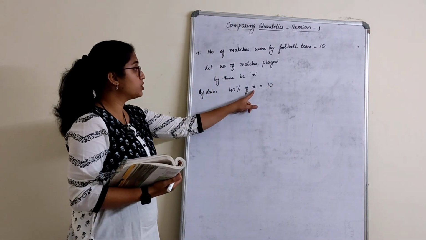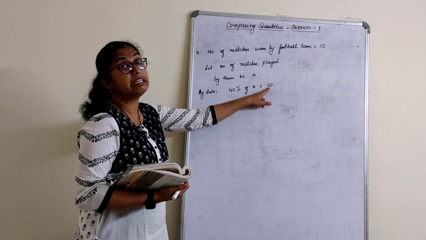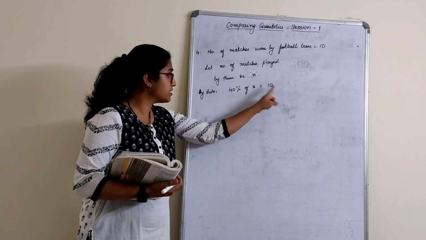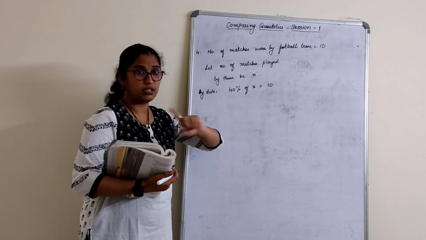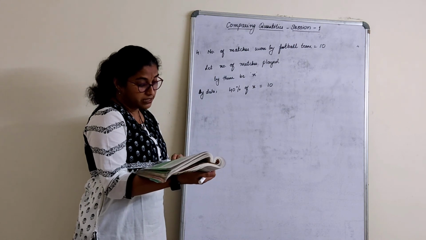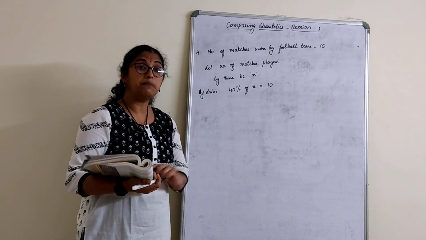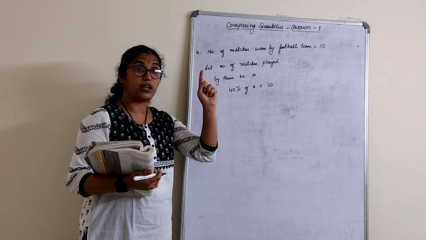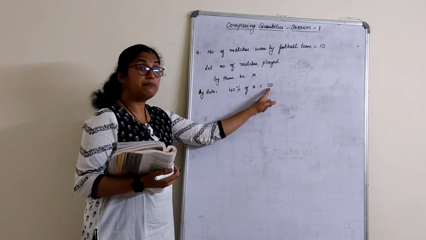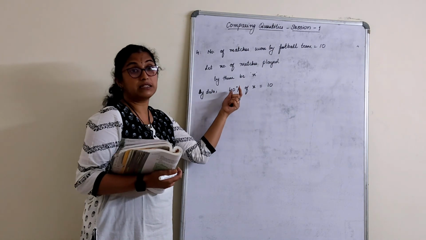Out of the number of matches they played, how many have they won? 10 they have won. Our statement is this much only. If you understand what you had to write here, your sum is done. According to the question, the win percentage is always out of 100. Out of how many matches? X matches. How many matches did they win?